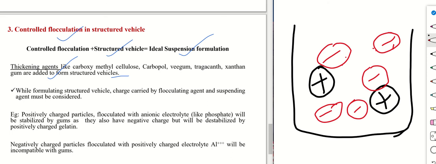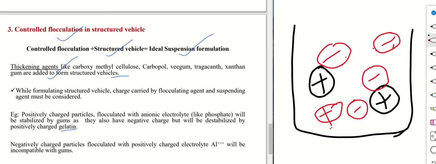But if we select not gums but gelatin as a viscosity enhancer, gelatin is positively charged. So we cannot use gelatin in this case. Why?